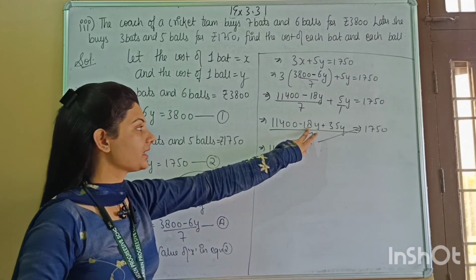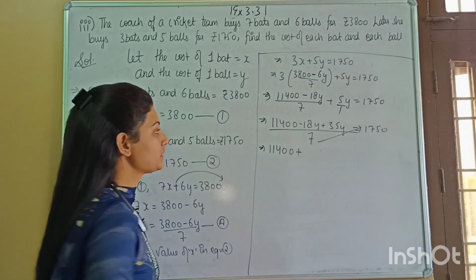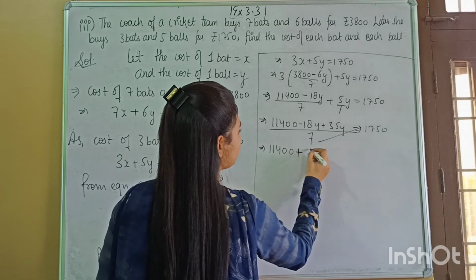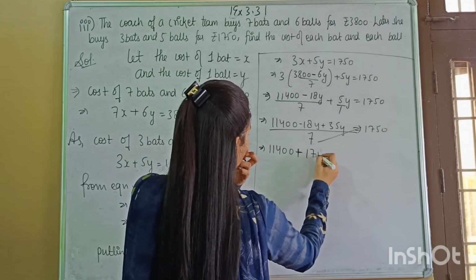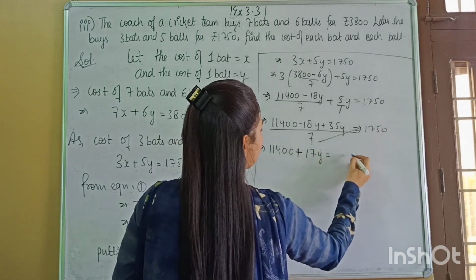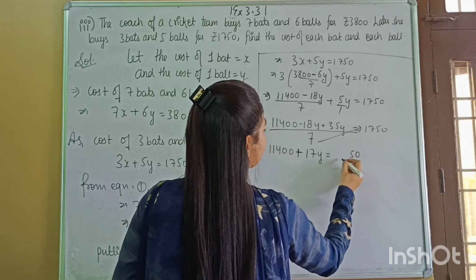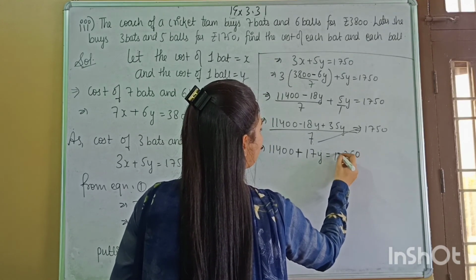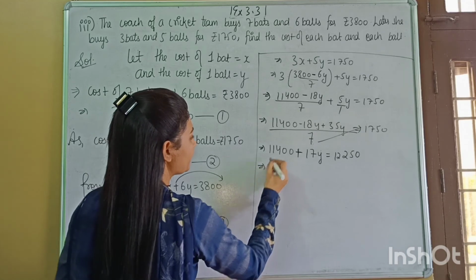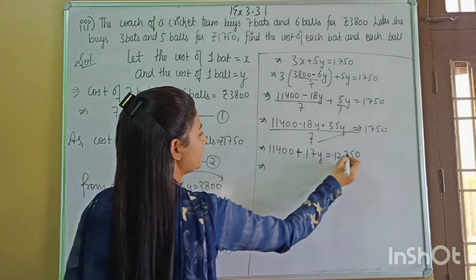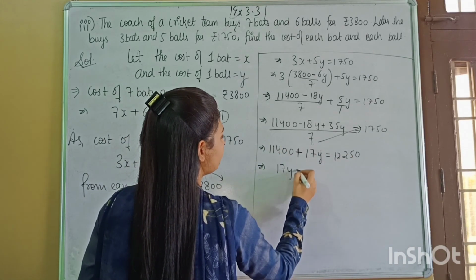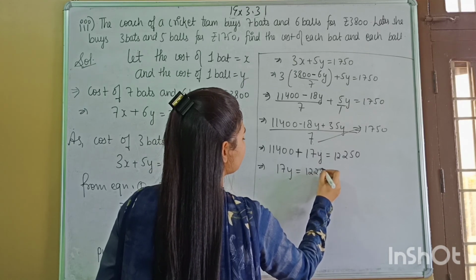We will subtract 18 from 35, so we get 17Y is equal to, multiplying this, 12250.